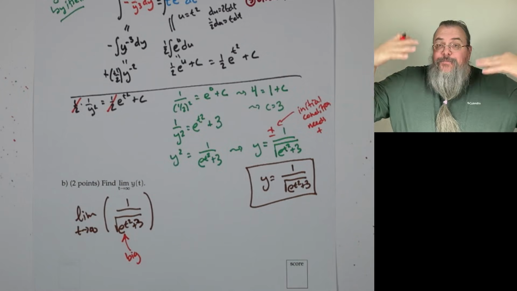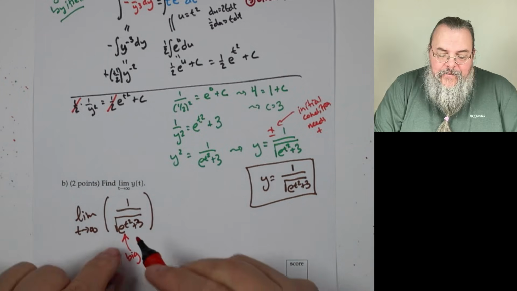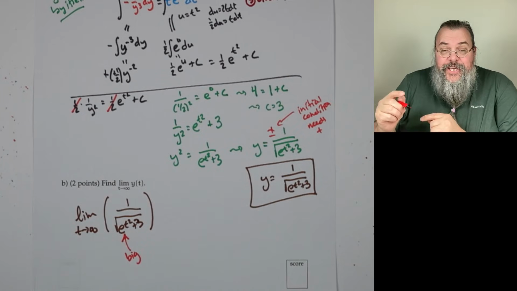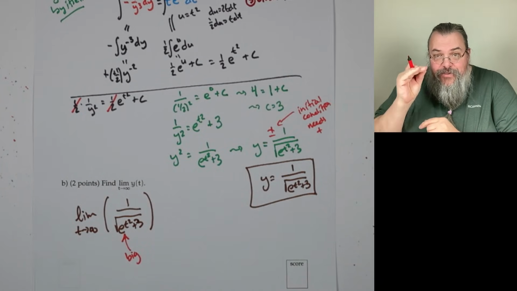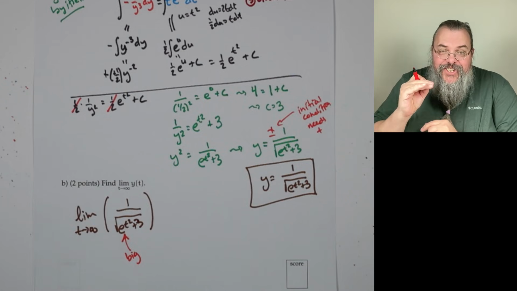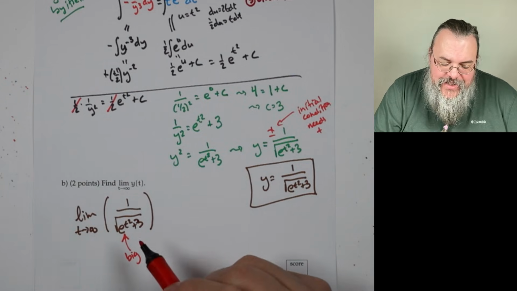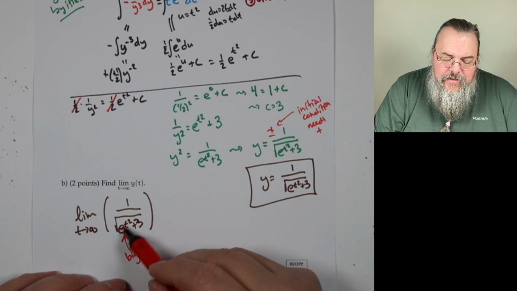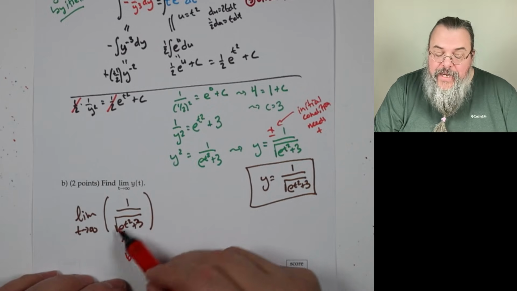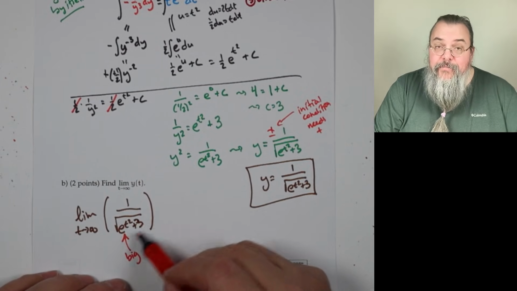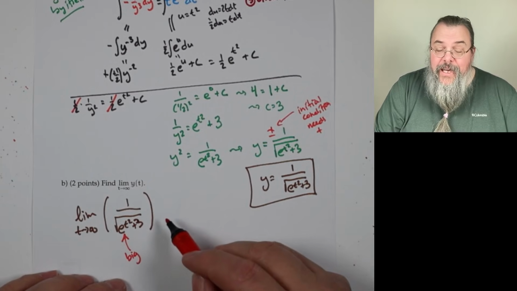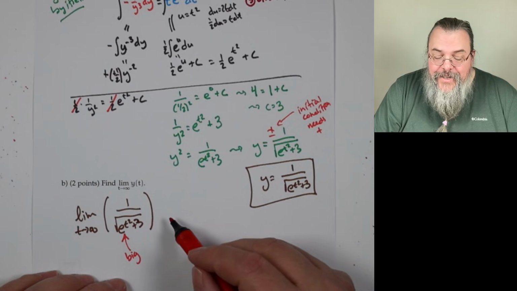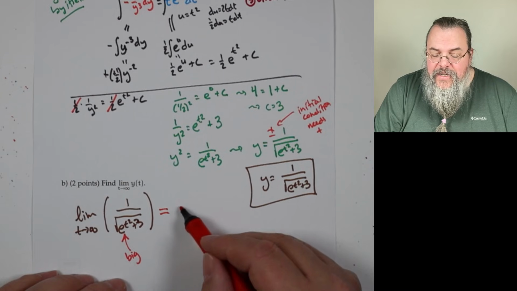E to a big thing, big thing. Now, if it was e to a negative big thing, e to a negative big thing gets small. So pay attention. Sign matters. So this gets big, which means that what? You have a big thing plus 3, that's big. Square root of a big thing, big. 1 over a big thing, small. So what does this become? 0.